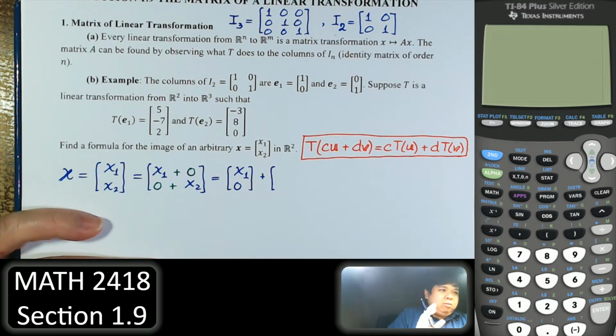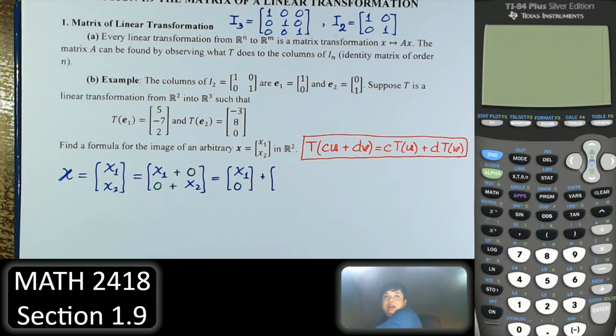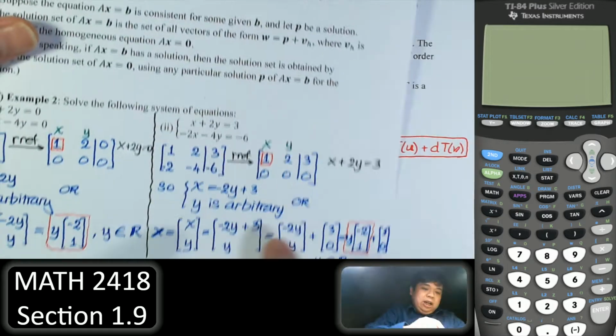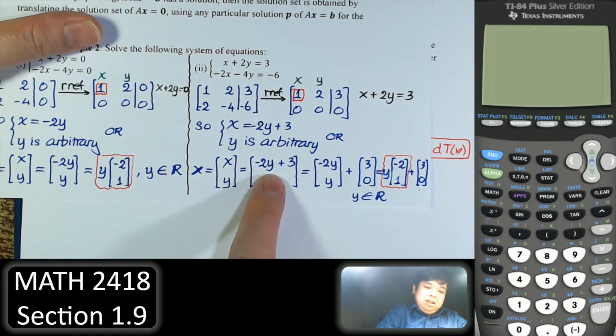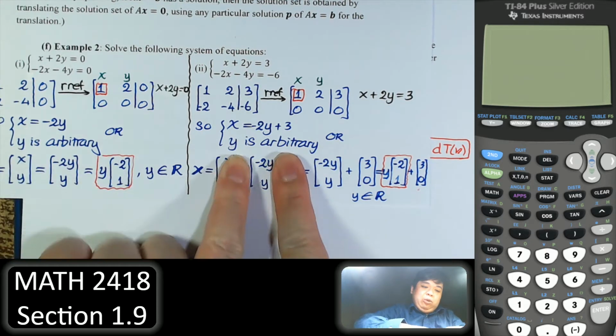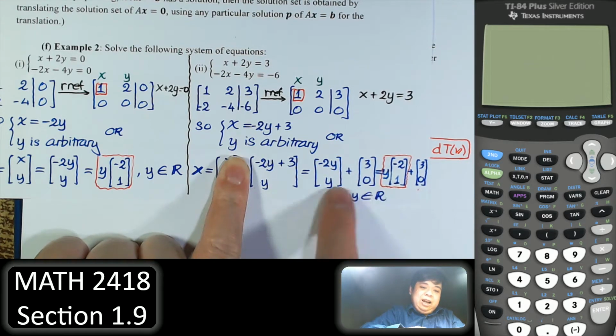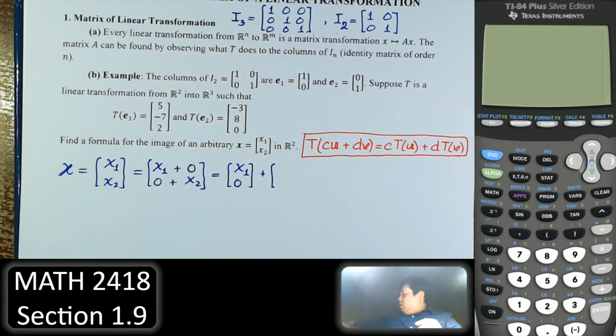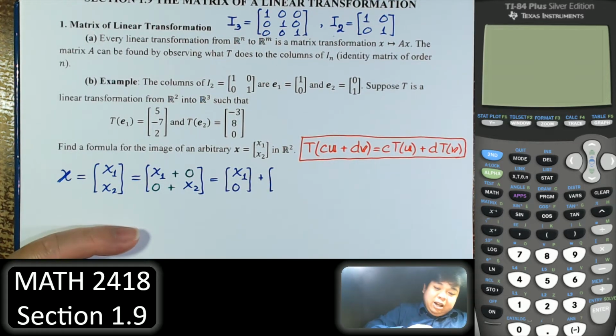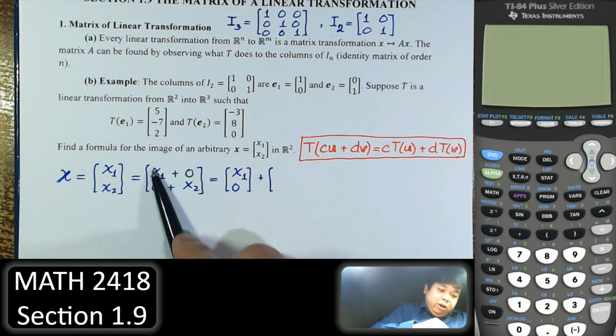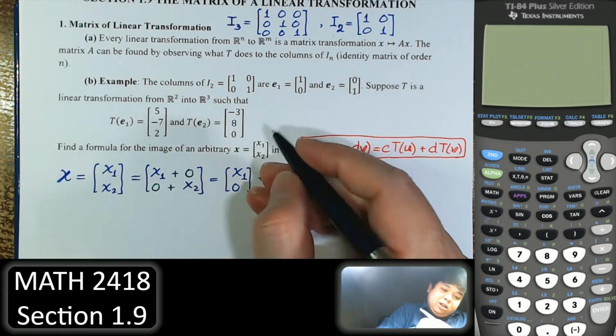Remember section 1.5. This one though. Remember when we wrote the solution like this, and we grouped that into the first vector, and then the second vector. So similar to what we did there, we split the column for x1 and the column for x2.